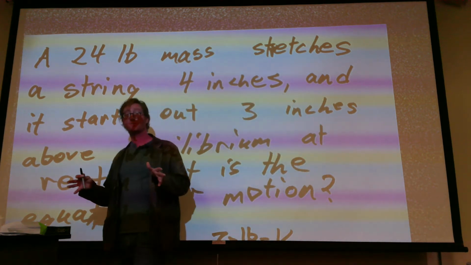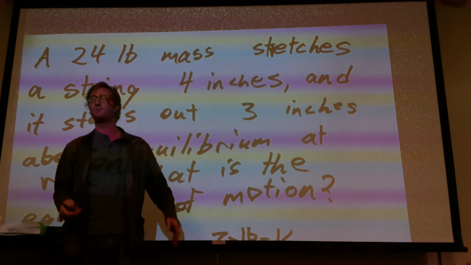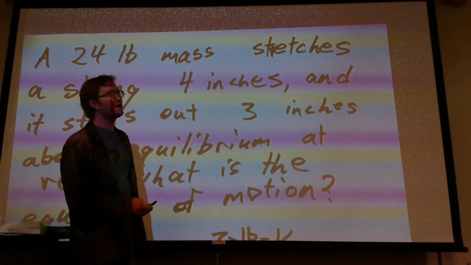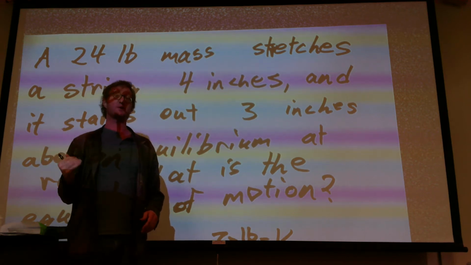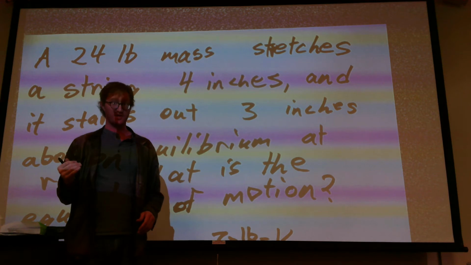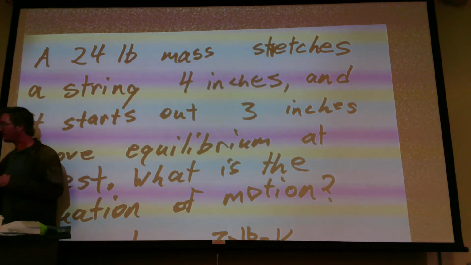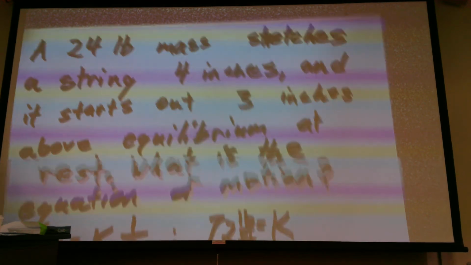So 3 inches above equilibrium, what does that mean? Remember in the previous video, I said that if it is above equilibrium, its x is less than 0. If it's below equilibrium, x is greater than 0 because it's stretched out farther. So that's telling me that at 3 inches is where it's going to start out.